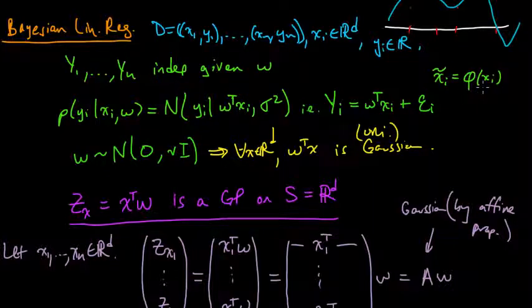We can map the xi's to R^M using some nonlinear functions phi, and in that way we can model more complicated nonlinear effects in the xi's. That would give us a new, more general function.